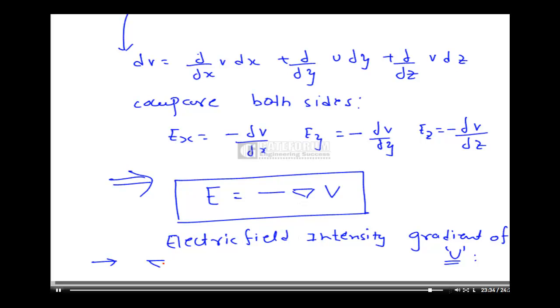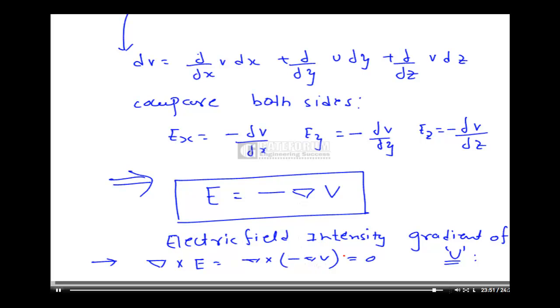One more thing: suppose you take the curl, del cross E, that is del cross minus del V. But del cross E is equal to 0 for static cases. Therefore del cross del V is also equal to 0.